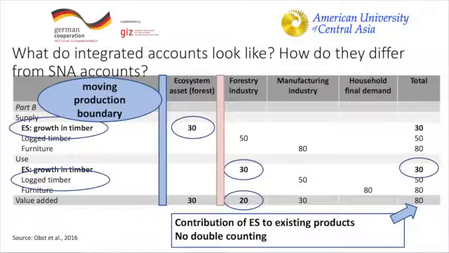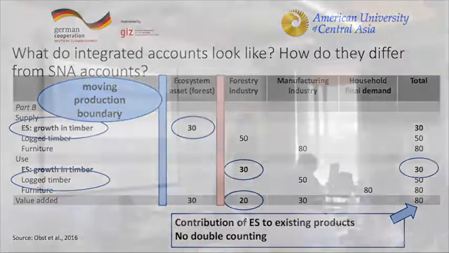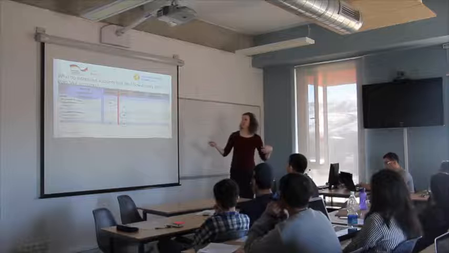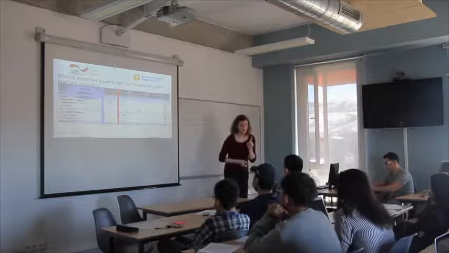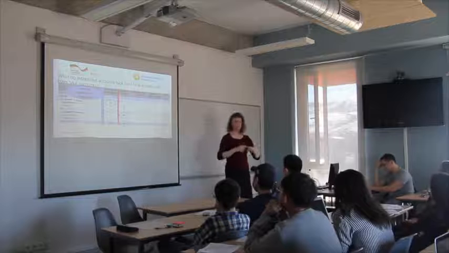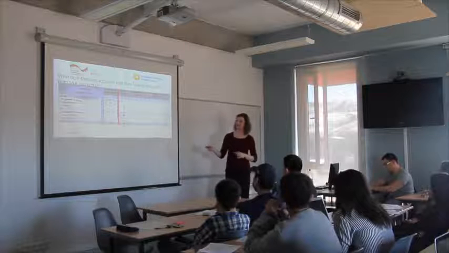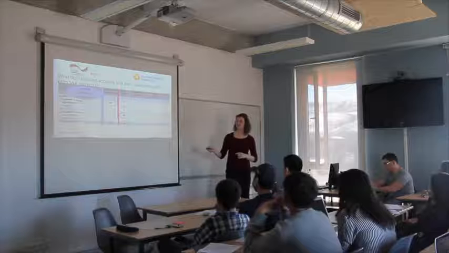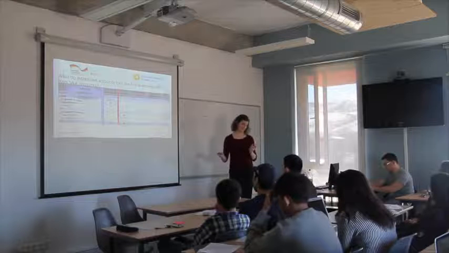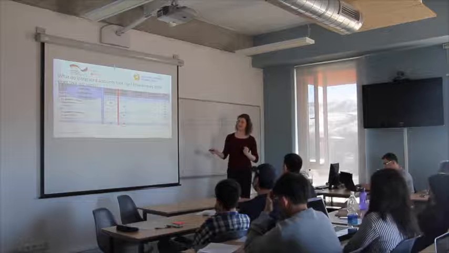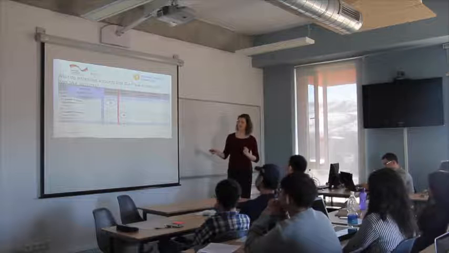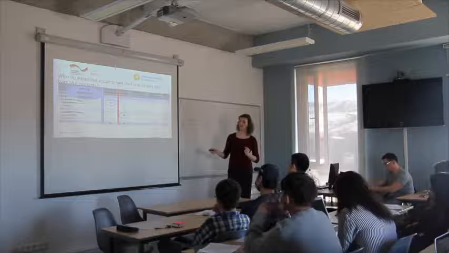And based on economic calculations and some methods we have available, that's actually the work that Rahat has been doing, we can assess that the original contribution of the forest towards this timber that we are using here was 30. Let's say that this was the contribution of the forest, which was then transferred to the forestry industry.